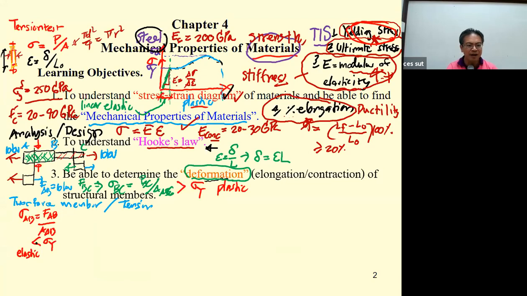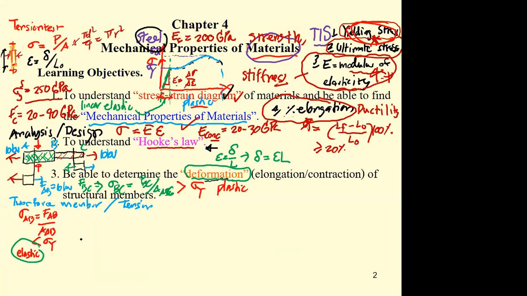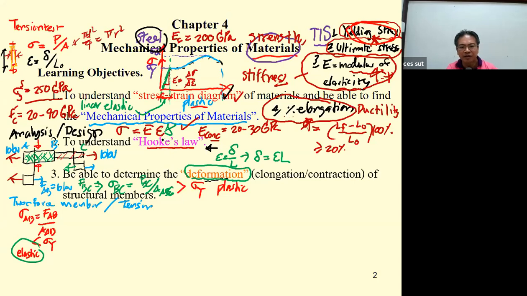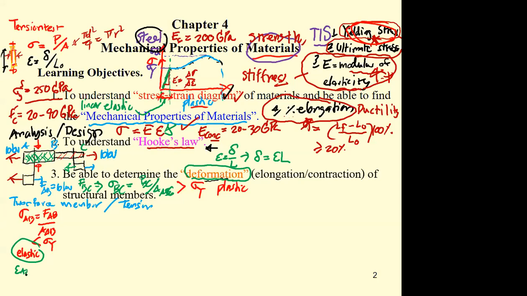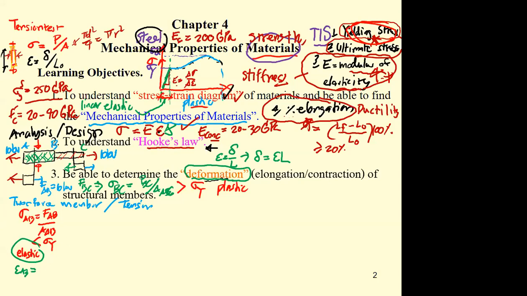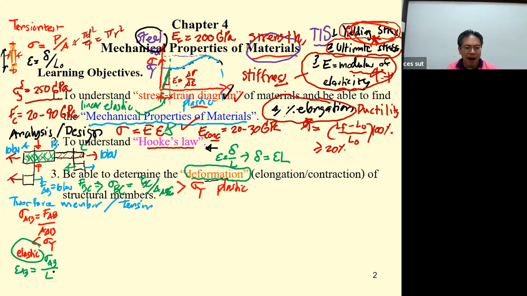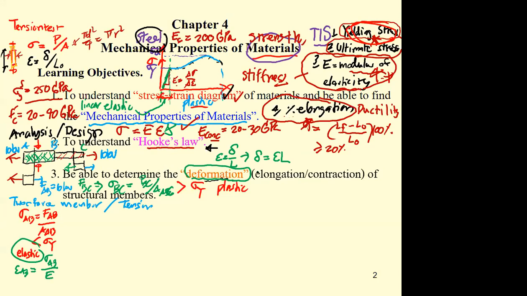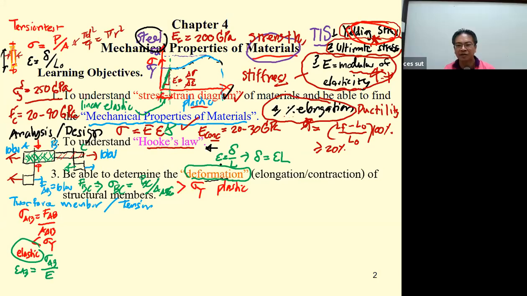Since this behavior is elastic, the way to compute the strain will follow this equation. So the strain of AB in the elastic behavior will be the stress sigma sub AB divided by E. However, when we come to the strain of this portion, for sigma sub BC, the behavior is what?